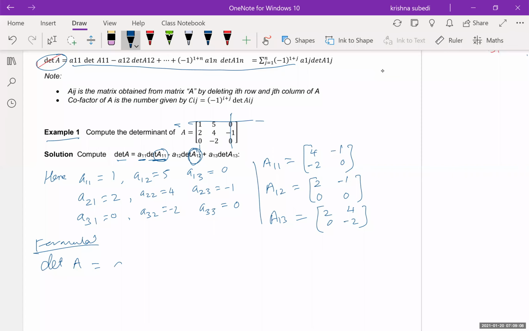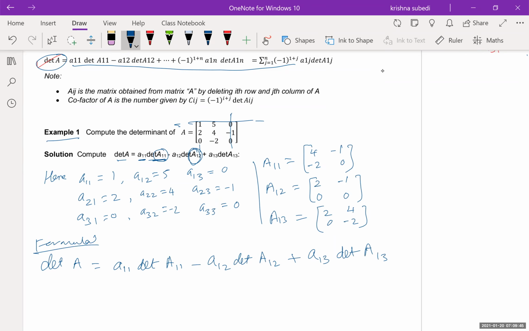Determinant of A is given by lowercase a_11 times the determinant of uppercase A_11, minus a_12 times the determinant of A_12, plus a_13 times the determinant of uppercase A_13.